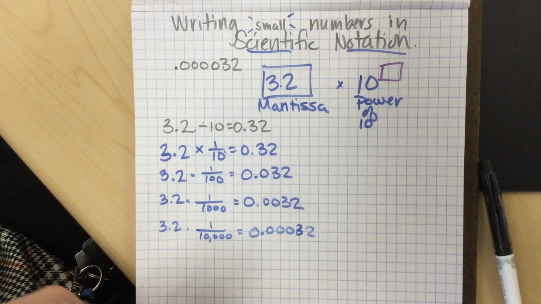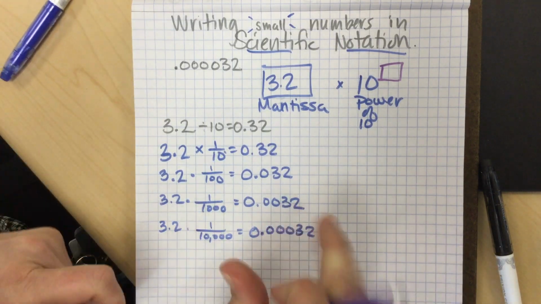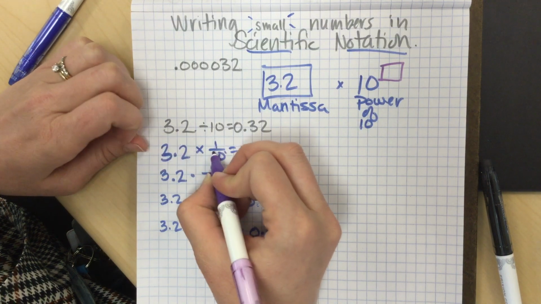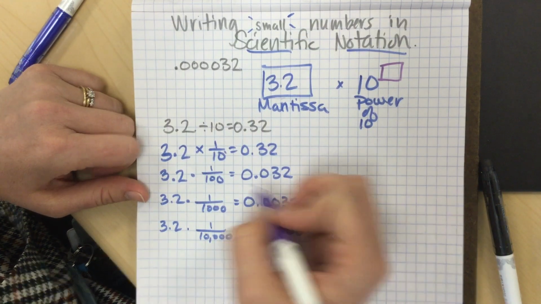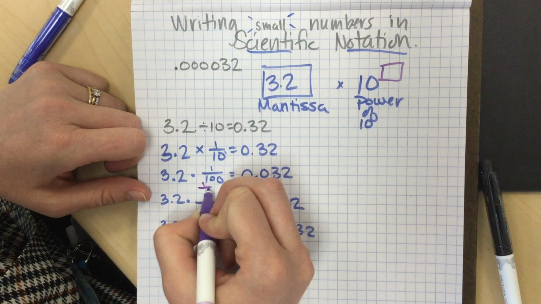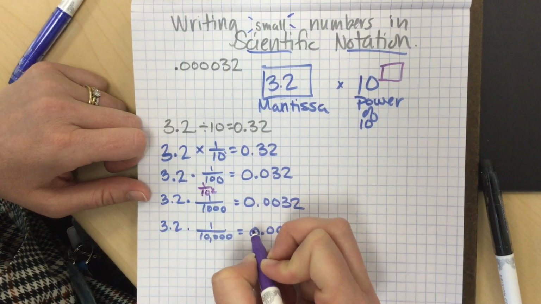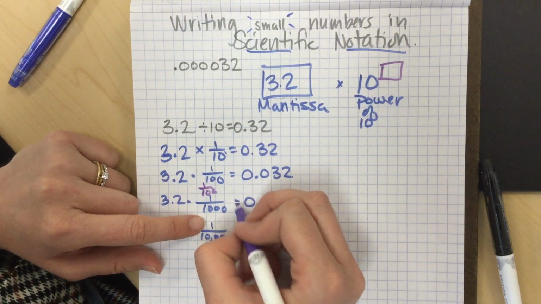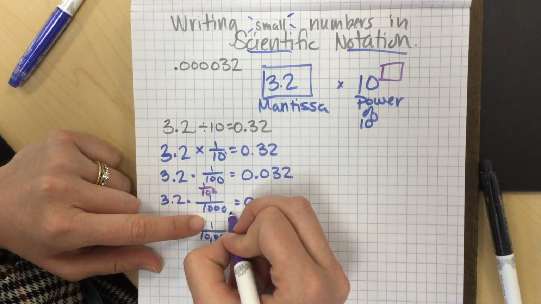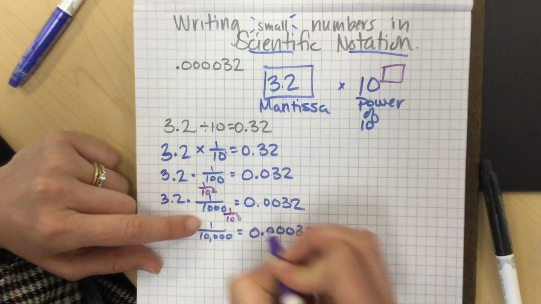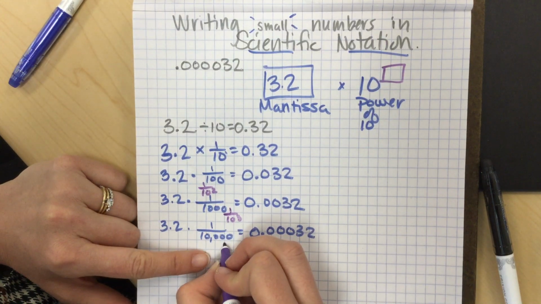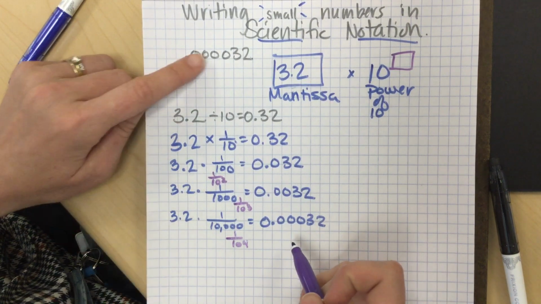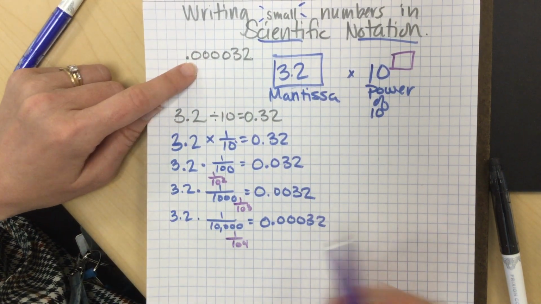I'm almost there. Now I'm starting to see a pattern here: 1/10 is the same as 1 over 10 to the power of 1. This is also the same as 1 over 10 squared. I know I can write 1,000 as 10 to the third, so I can rewrite this number here as 1 over 10 to the third, and this number here as 1 over 10 to the fourth. And I'm almost back to my original one.